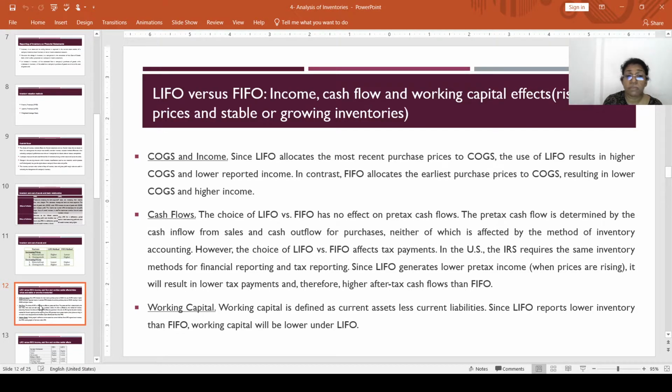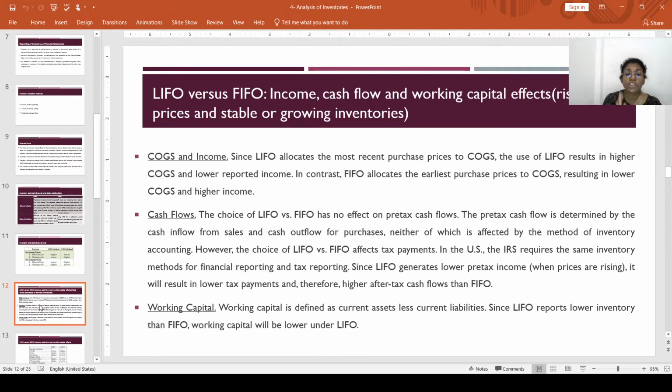So what will be the impact on the cash flow? And what will be the choice of LIFO and FIFO and its impact on the pre-tax cash flow? You know that pre-tax cash flow is determined by the cash inflow from the sales and cash outflow from the purchases. Neither of them will be affected by the method of inventory accounting. However, the choice of FIFO and LIFO affects the tax payment.